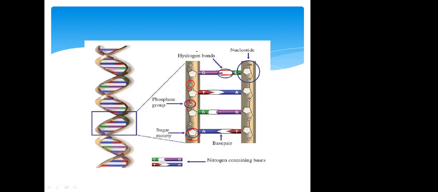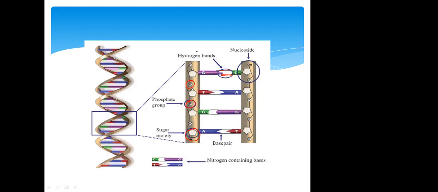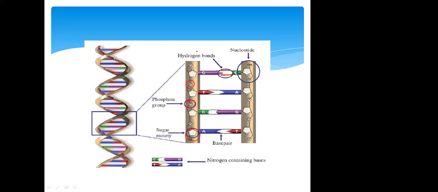Ma'am, nucleotide has a sugar molecule with a phosphate group attached to it and a nitrogenous base. Okay, correct. What about nucleoside? Nucleoside is the same thing, but I think there's no phosphate group.